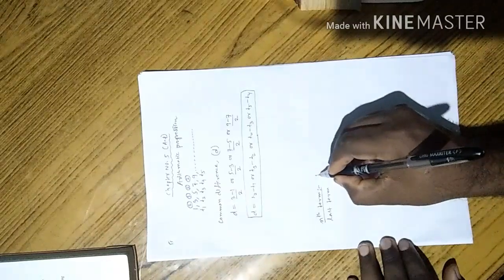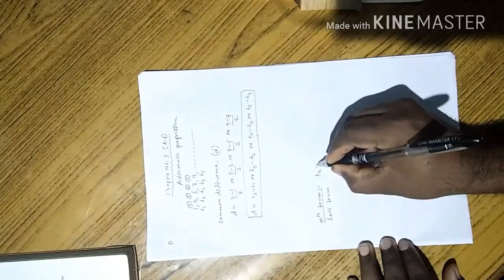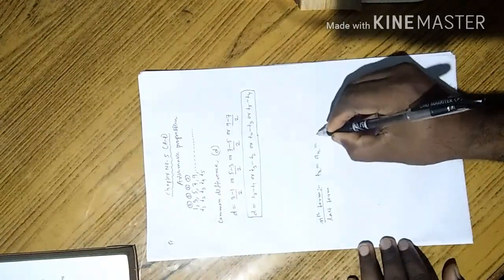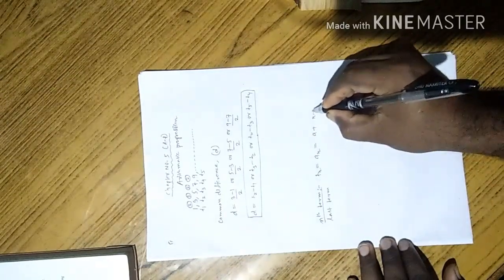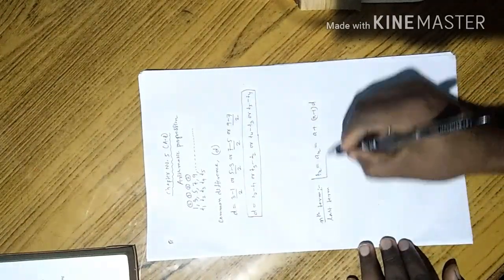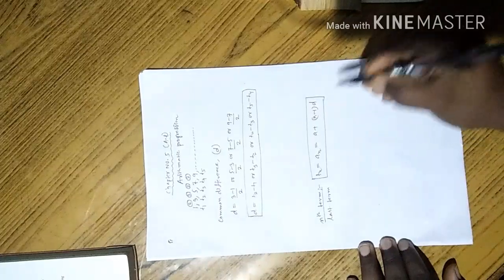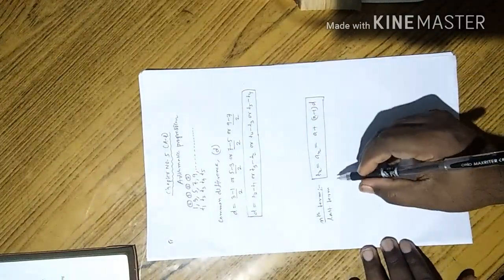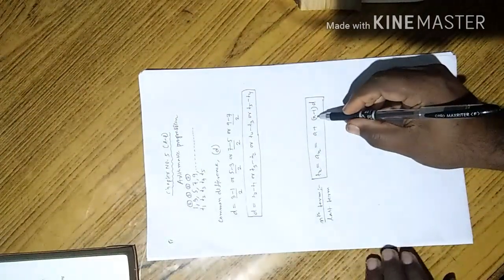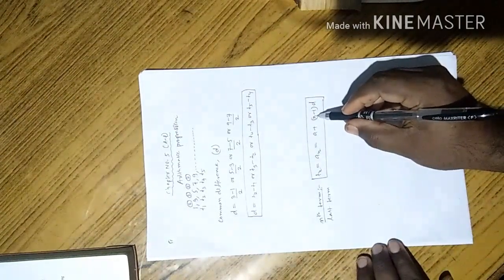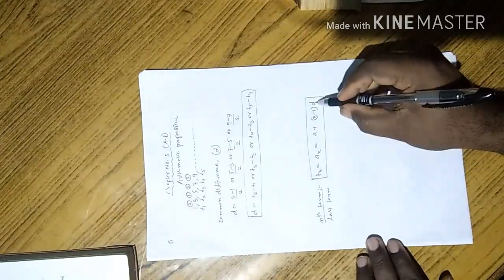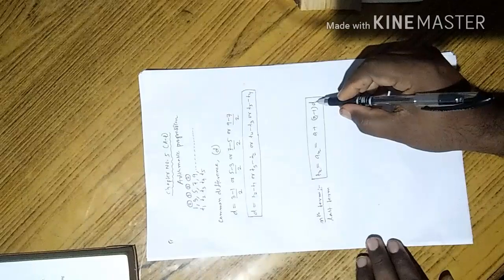It is given by Tn or an equals a plus n minus 1 into d. I'll keep this inside a box. What do you mean by n? n means number of terms, a means first term, d means common difference.